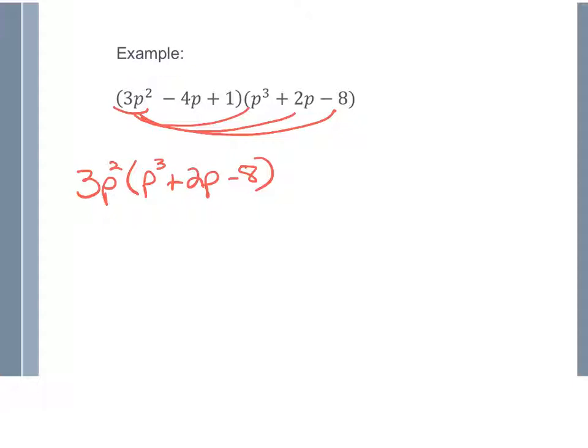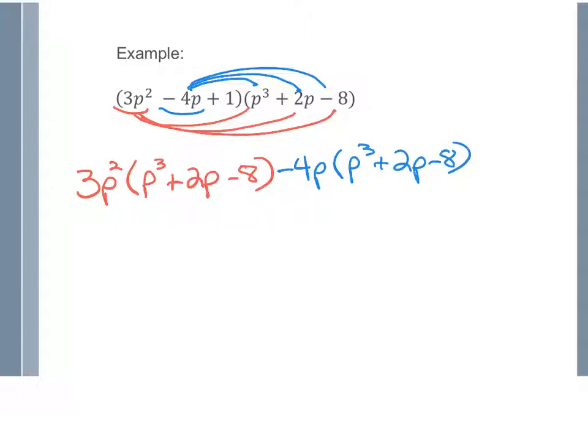Then the second term here, the -4p, will also distribute. So again, I could write it as -4p, rewrite that other trinomial, and then lastly, the +1 will also get distributed.